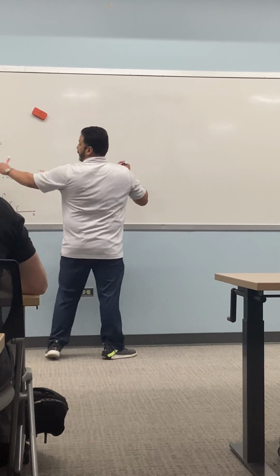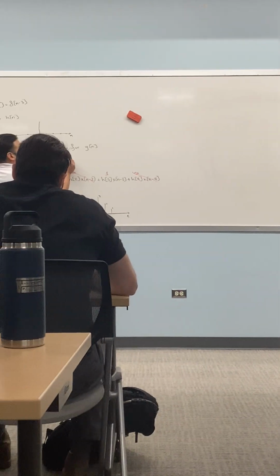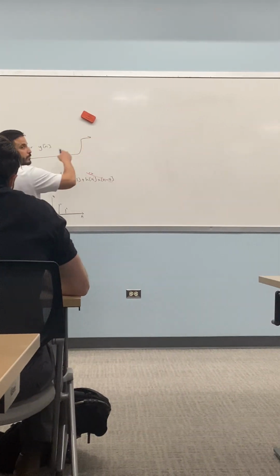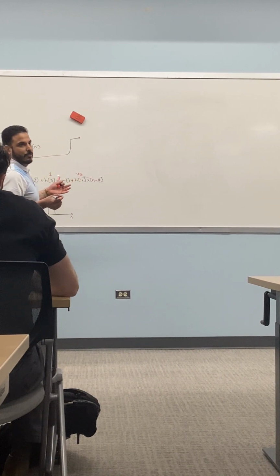So I said that y of n equals this. One important thing to understand is that when this expression goes to infinity, that's called convolution, which is why this is finite convolution.